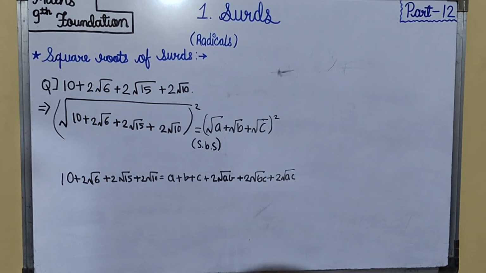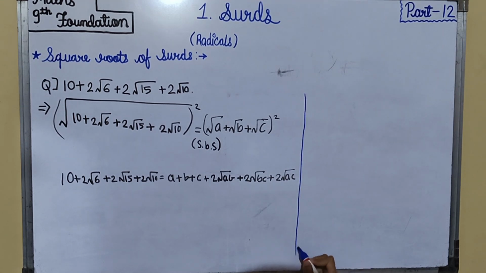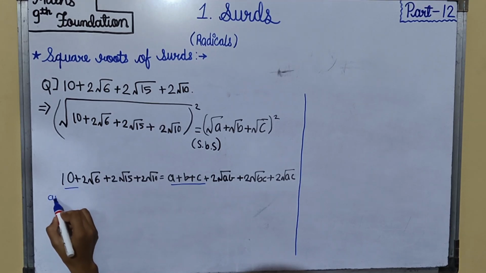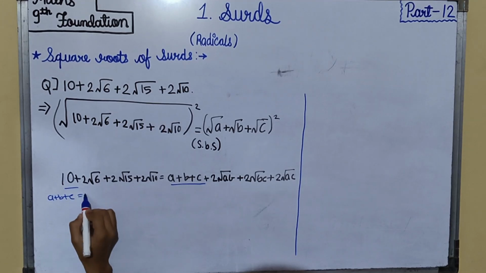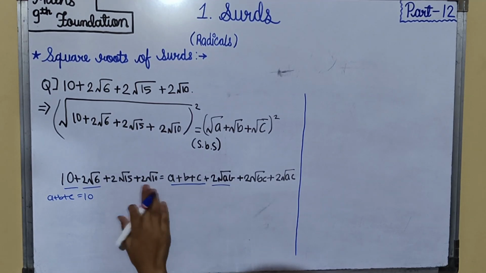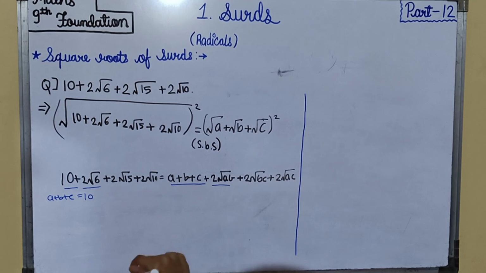So now another step is we have to take rational and irrational parts separately. So a, b, c are rational and 10 is rational. So a plus b plus c is equal to 10. And as the others are all irrational, we can interchange them also.